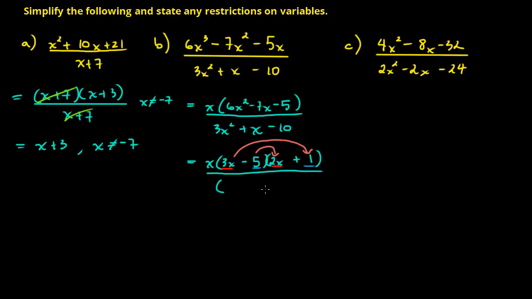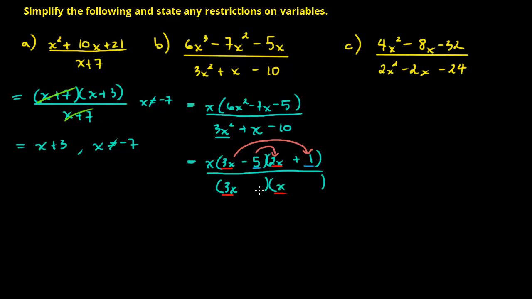In the denominator, I've got to do the same thing. I need two terms in these two positions that multiply to give me 3x squared. So you might have guessed already that these terms are 3x and x.